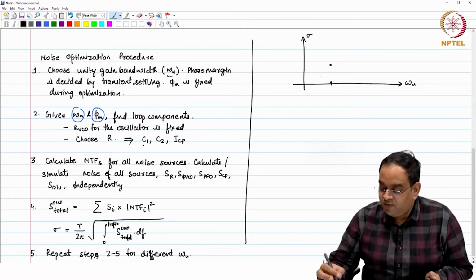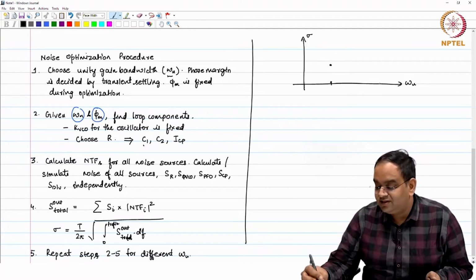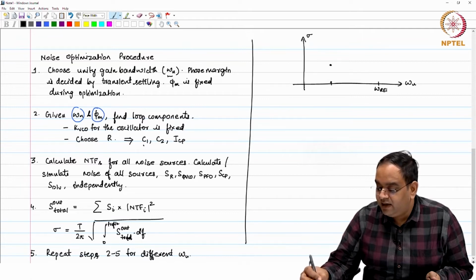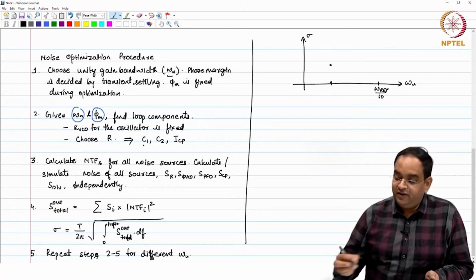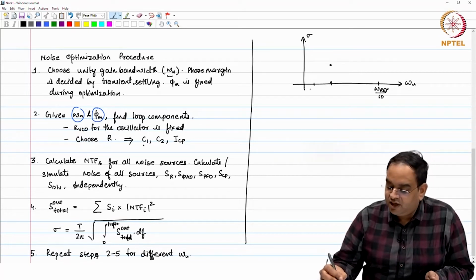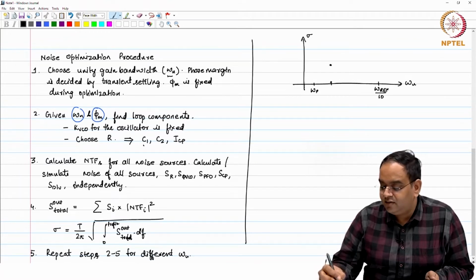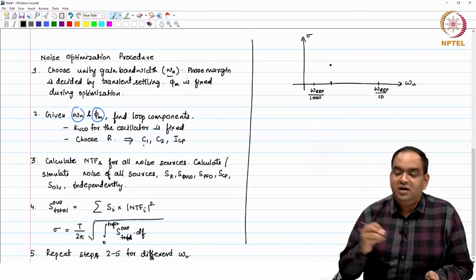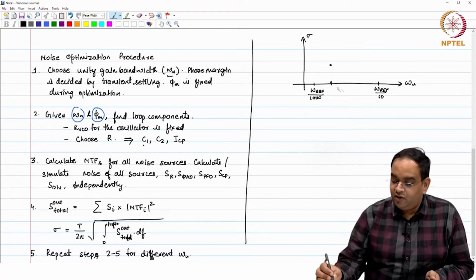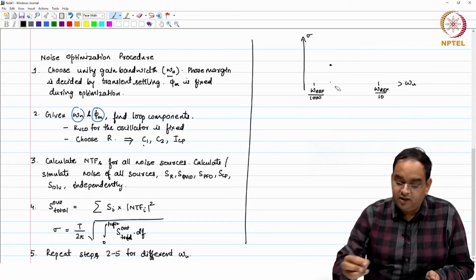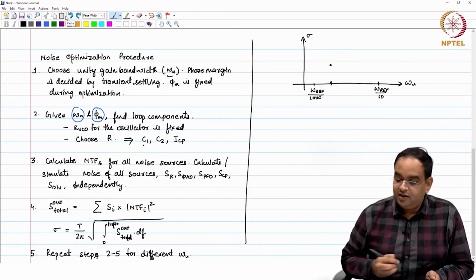Normally, this is just an example, you can vary from omega ref by 10, because till that point our modeling is valid, and maybe you can go to omega ref by 100 or 1000, that depends. All these things we are doing at system level. So you keep on doing this, from omega ref by 10 to omega ref by 100.